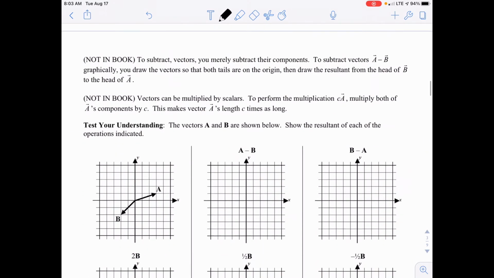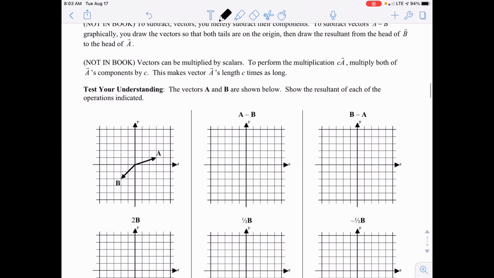And let's go to page 3, and let's take a look at these test your understandings. For this test your understanding, it might be helpful if you follow along with the video right now, since the context is lost as far as how to add and subtract vectors geometrically.